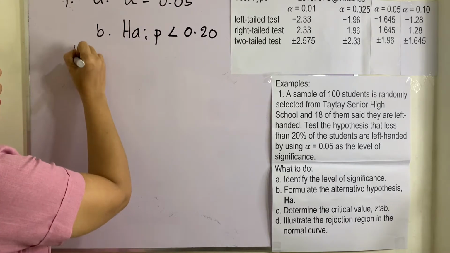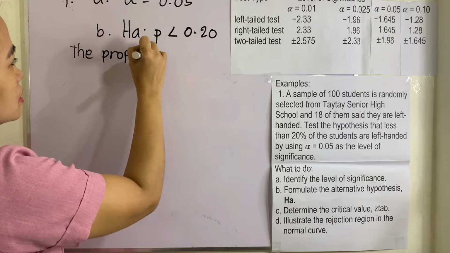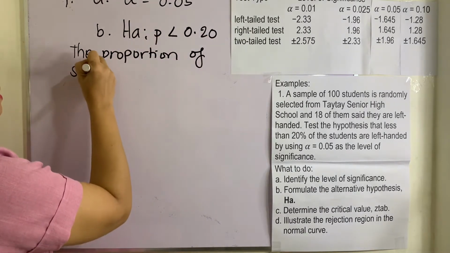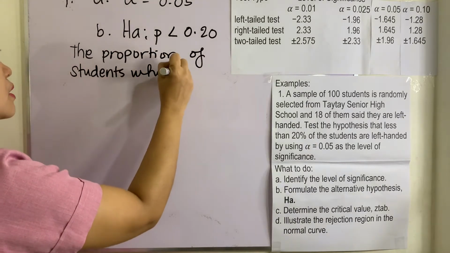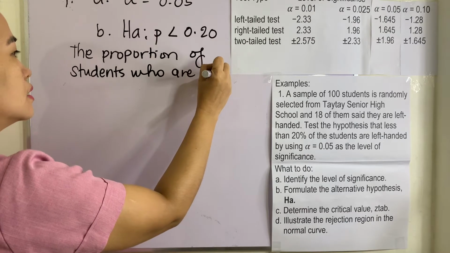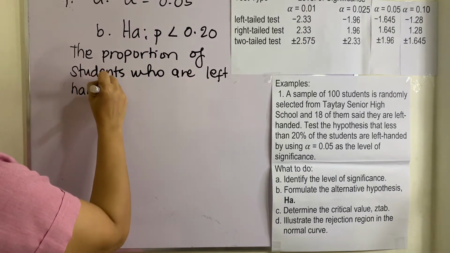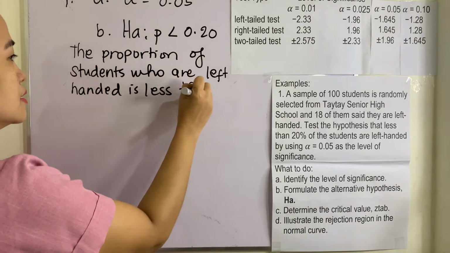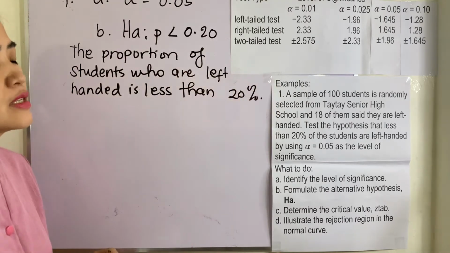In words, we can say that the proportion of students who are left-handed is less than 20%. Okay, that's letter B.